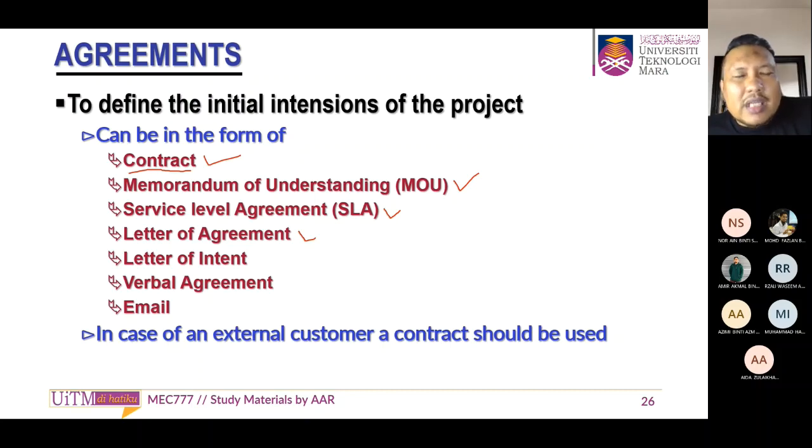So it is still considered two, issued by one and then agreed by another. So a contract must be two parties: one who gives the contract and one who agrees.